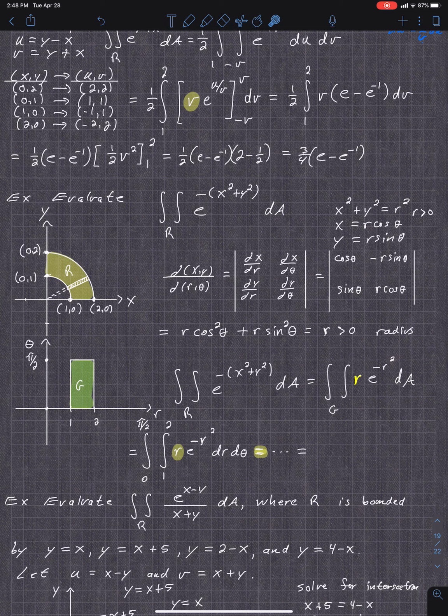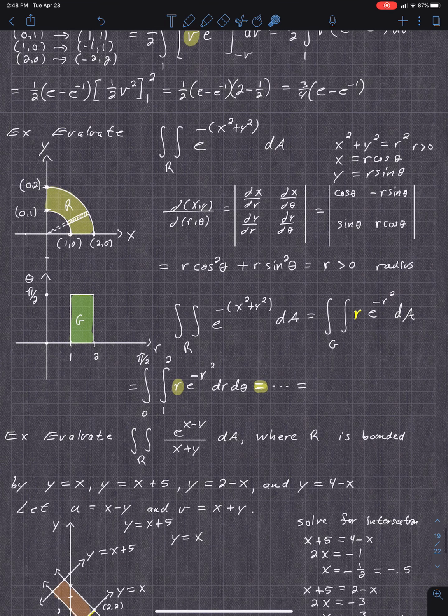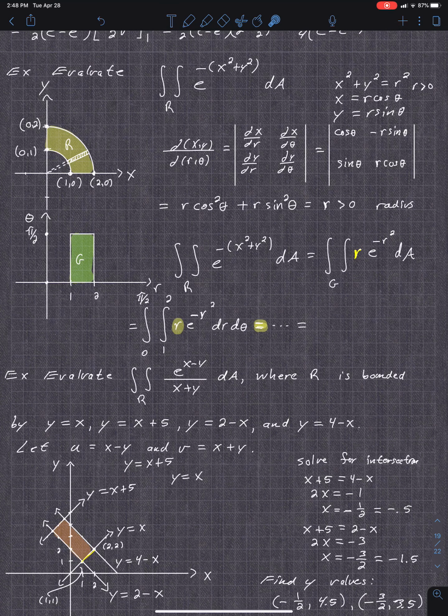Now with your transformation, you're going into the r theta plane, and it becomes just a rectangular region, which is much easier. r goes from 1 to 2, and theta from 0 to pi over 2.